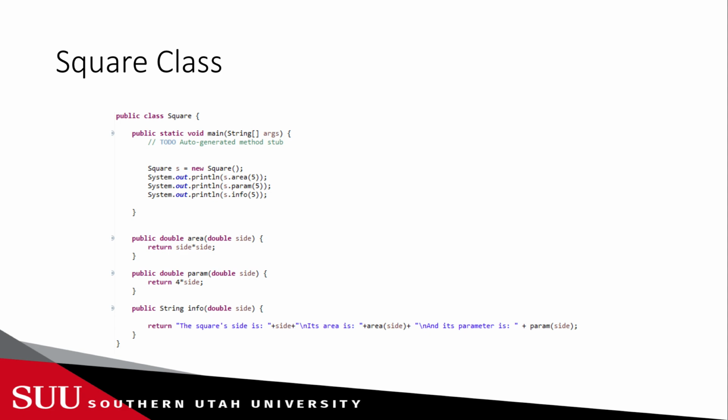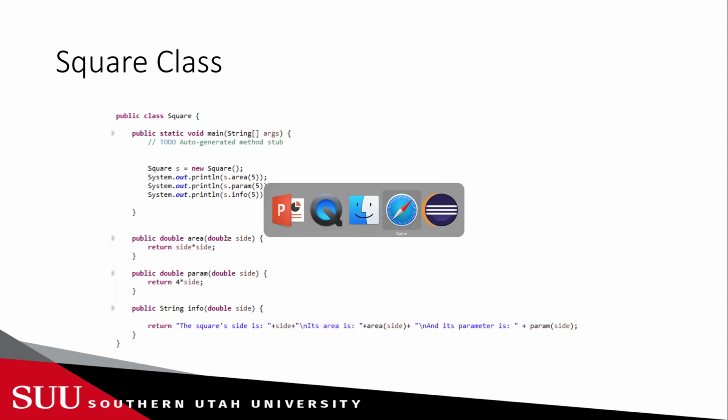Now I just said that we can have a class without a main method, and then we can run that as well. So let's try to recreate this Square class in a way that we will not have the main method in this class, but we will have it somewhere else and we will be able to run this same code.